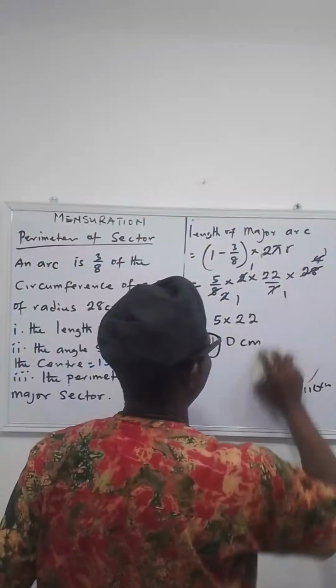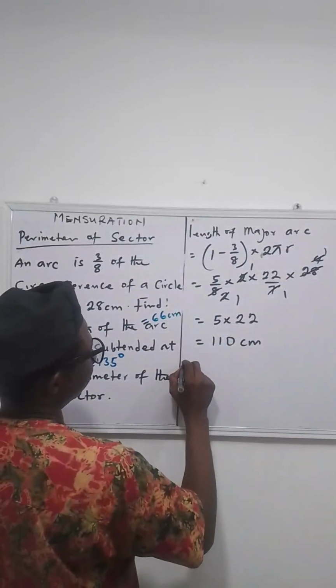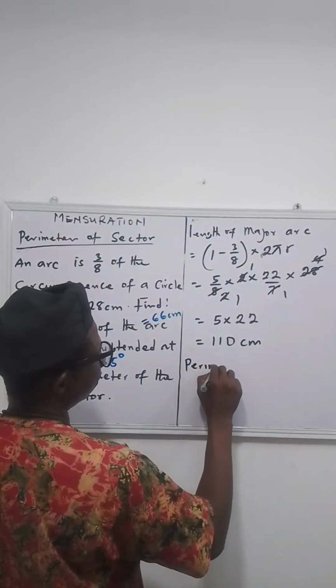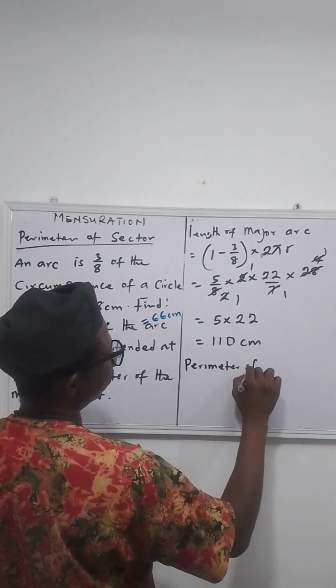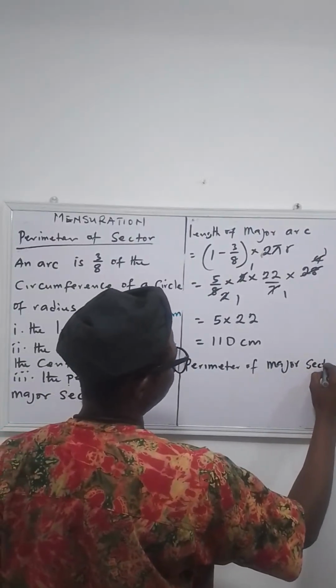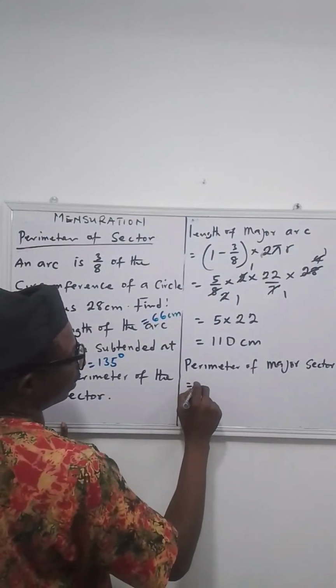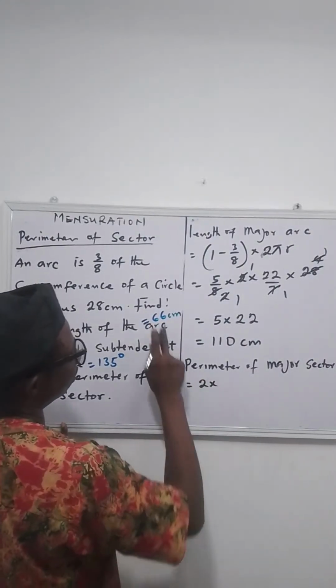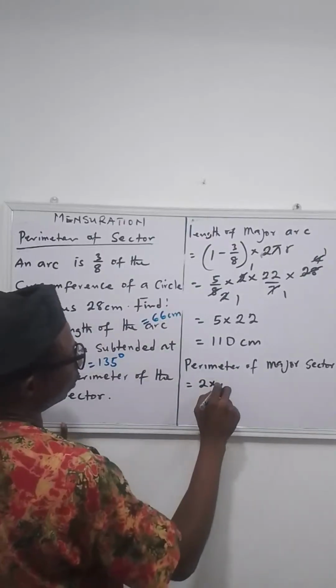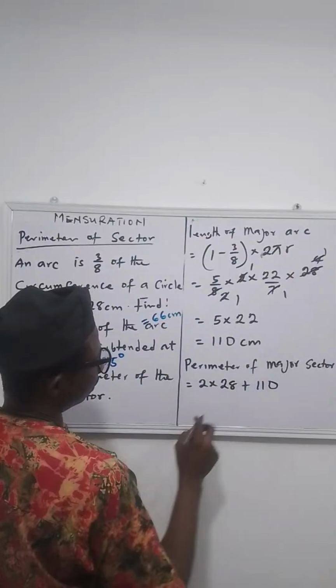Okay, so this gives us what? So perimeter of major sector is the 2 radii, that is 2 times 28 plus 110.